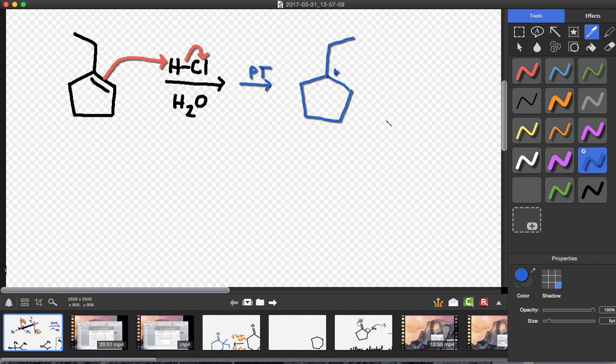Now, once I have this carbocation, I have a natural competition for nucleophiles. I have chloride, which is the conjugate base of HCl, and I have water.